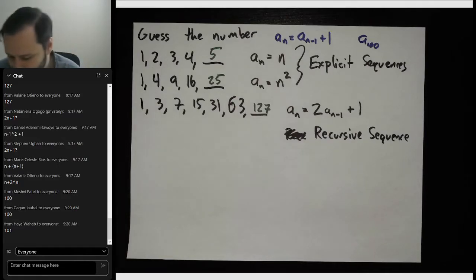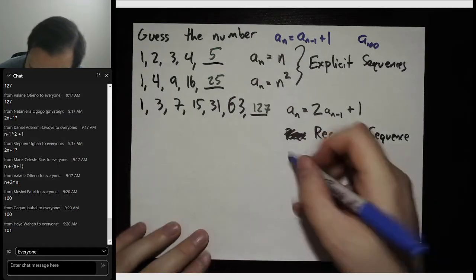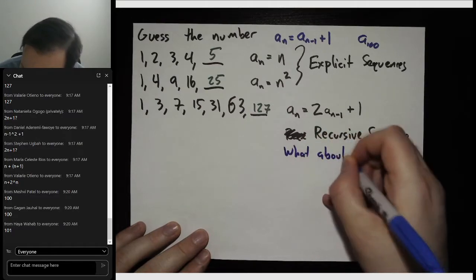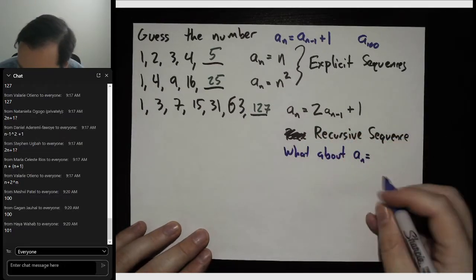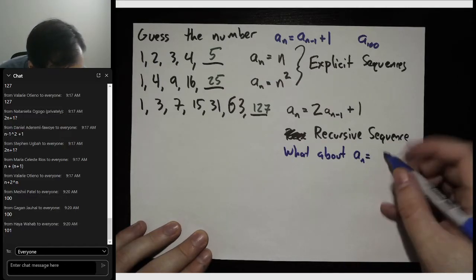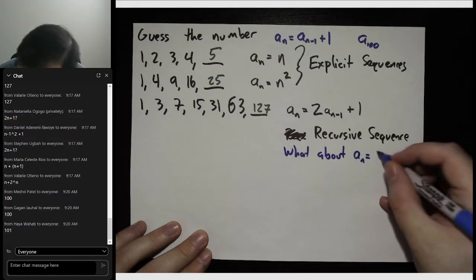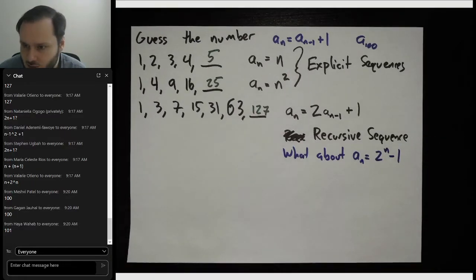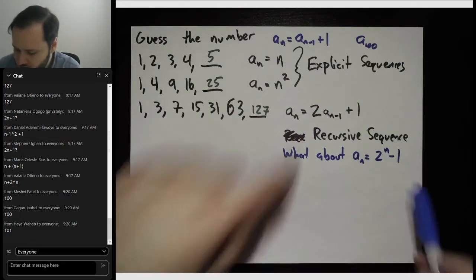So there was another suggestion in chat. What about a sub n is equal to 2 to the n minus 1? I think. I'm going to go with that one because that's the one that works. So are these two the same?